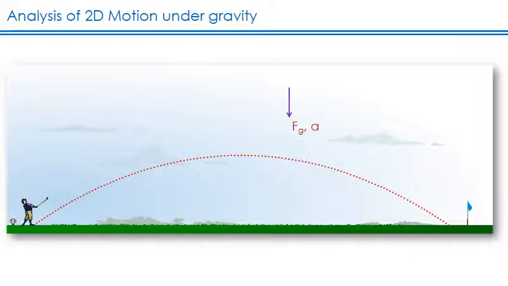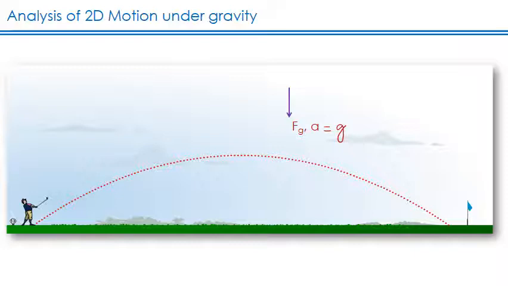According to Newton's second law, acceleration is directly proportional to the net force, and it's always in the same direction as the net force. So if the net force here is the gravitational force, which acts vertically downward, the acceleration is also vertically downward, and its magnitude is equal to g.